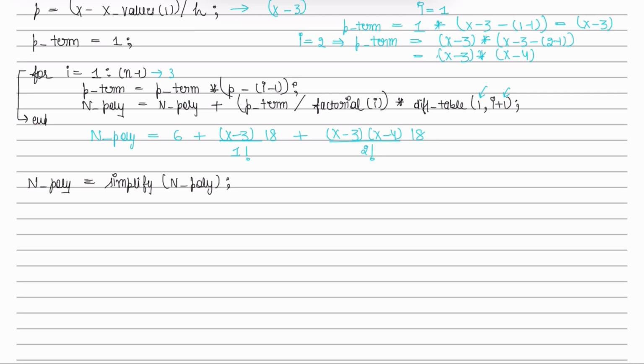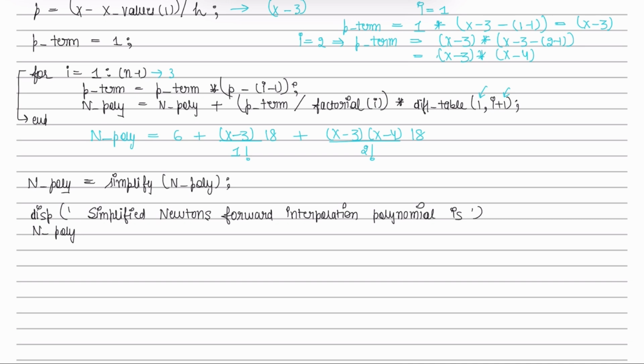This will simplify the final generated polynomial in terms of x, and to display this polynomial you can use the printing statements, display polynomial. Do not use a semicolon after that statement because that will not print the polynomial in the command window.